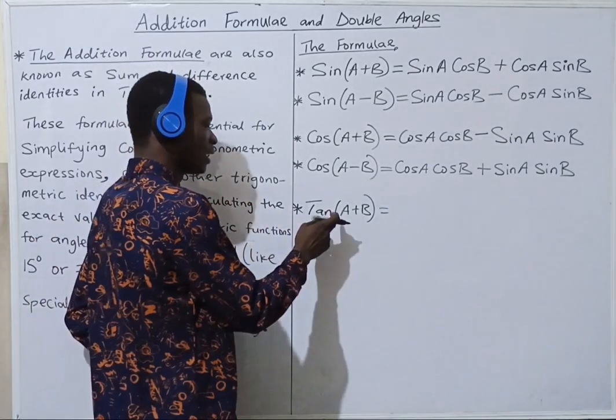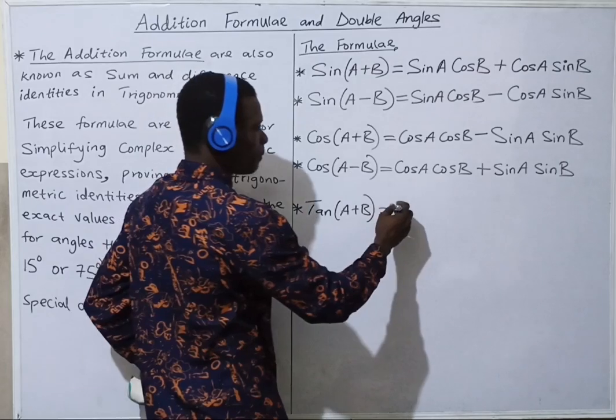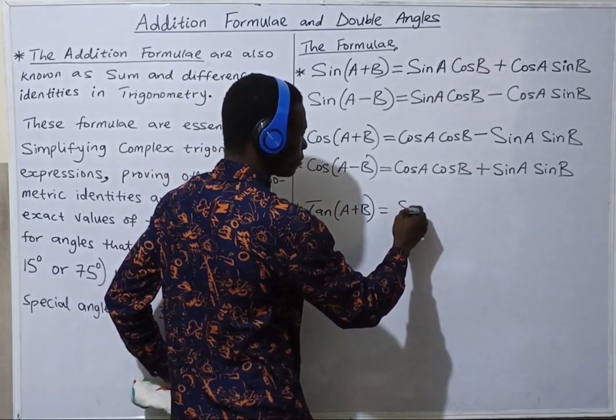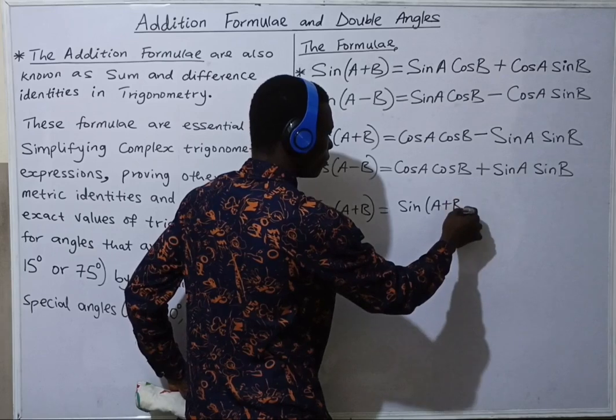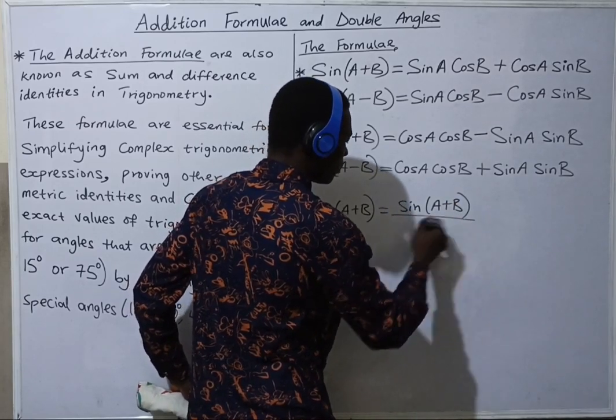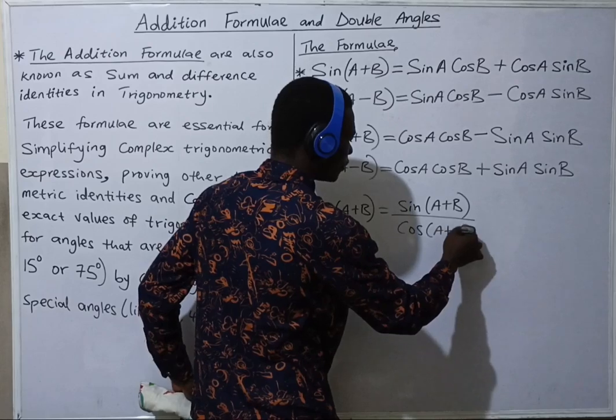So this is the same thing as sin(A + B) over cos(A + B). See what I'm saying? Sin(A + B) over cos(A + B).